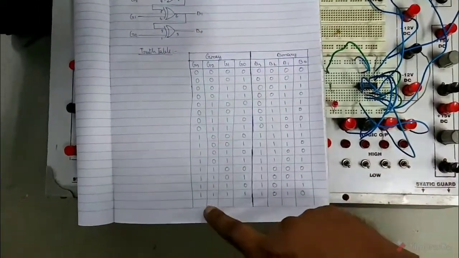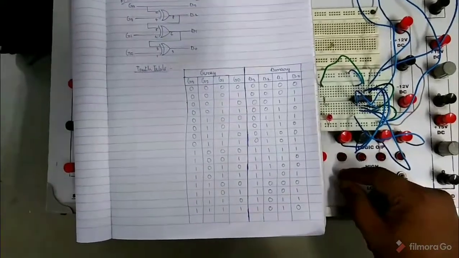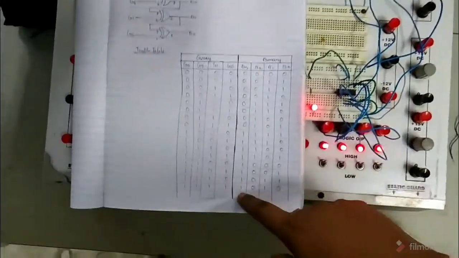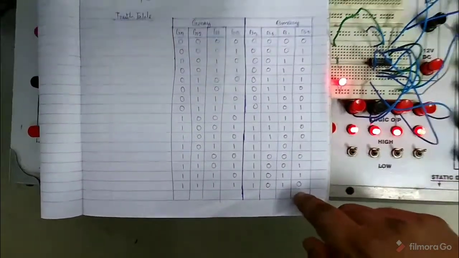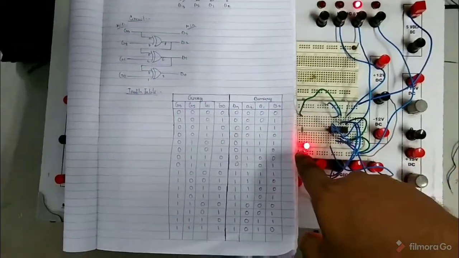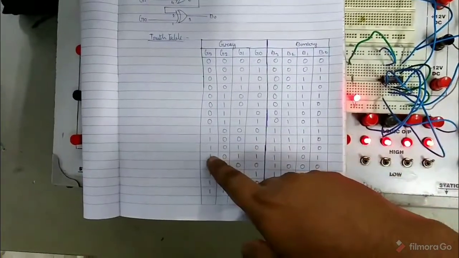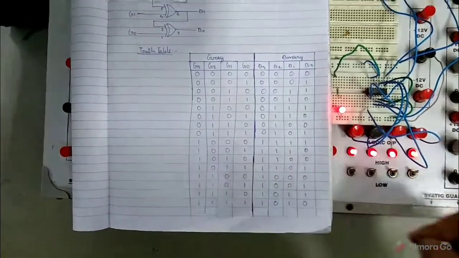Suppose I am checking 1111. See, for 1111 the output is 1010. Now suppose we check this number, 1011.